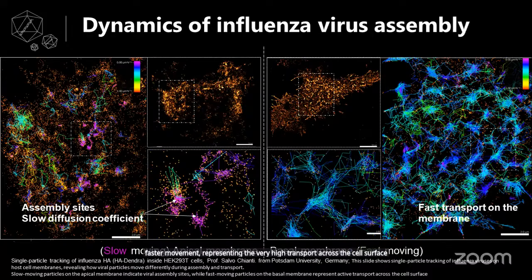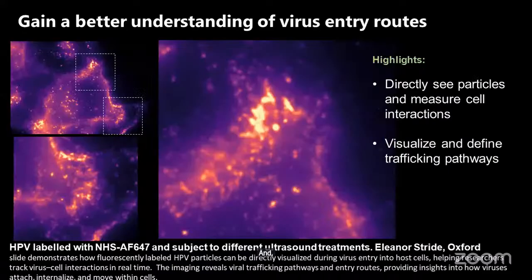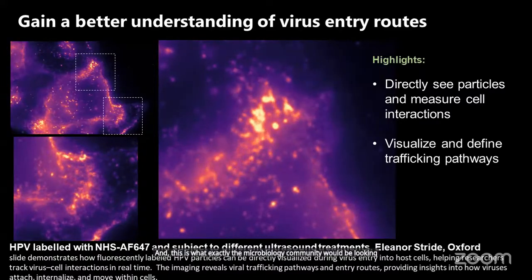Once the virus is assembled, then the transport mechanism is faster. So these kind of studies or these kind of tracking can be done, and this is exactly what the microbiology community would be looking for as such.